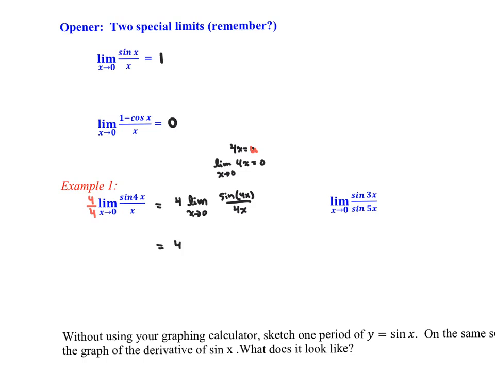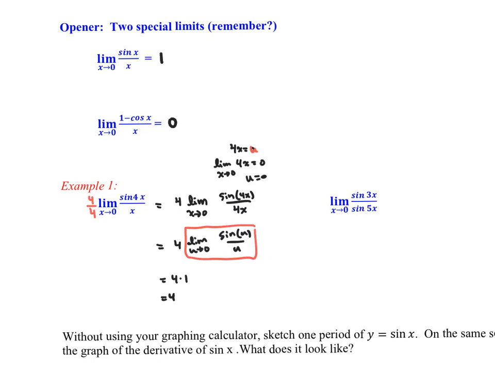So then that means that u should equal 0. So this would then be the limit as u approaches 0 of the sine of u over u. So it takes on the exact same form, right? Just with a different variable. So this would evaluate to 1. So 4 times 1 would, of course, be 4.